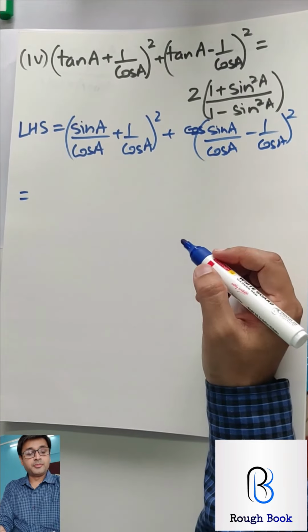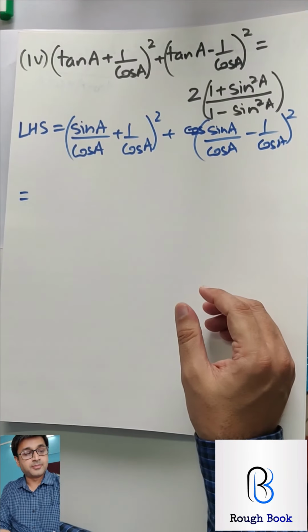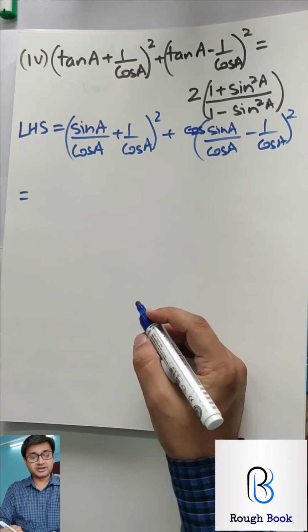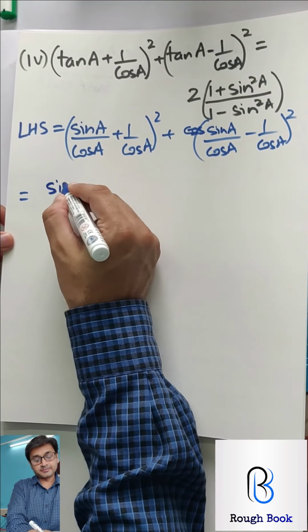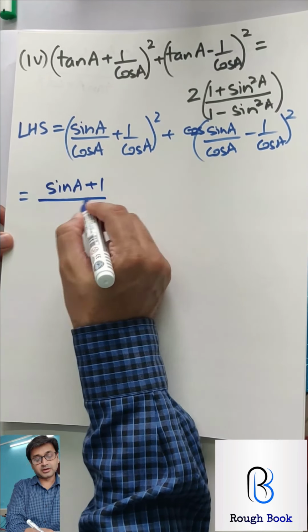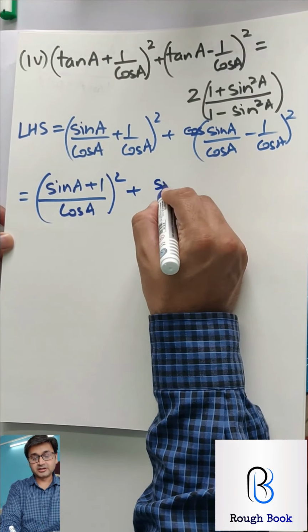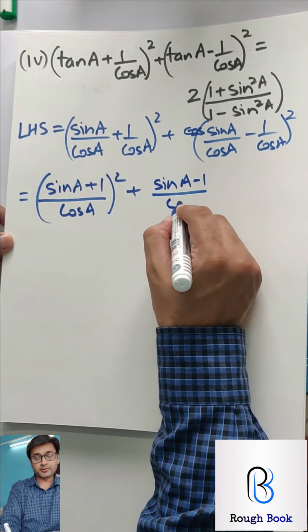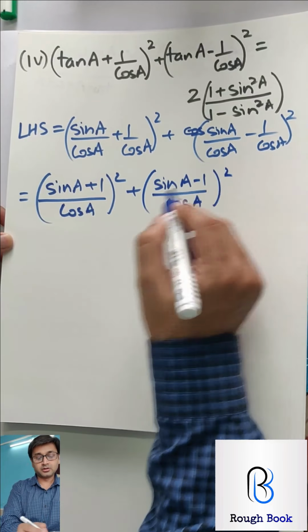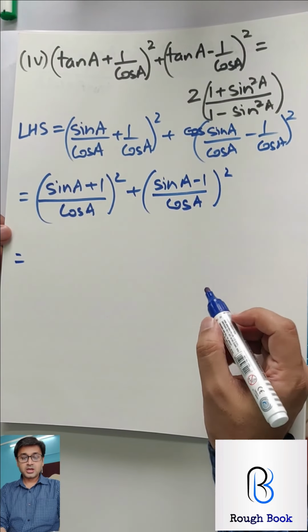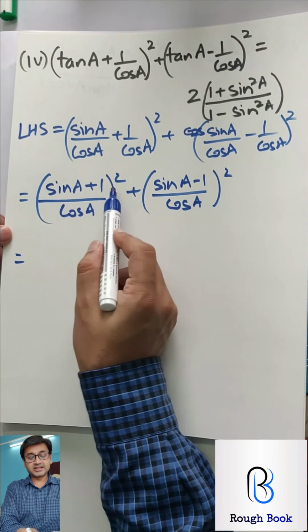So what do you get? Denominators are same, so I will get sin A plus 1 upon cos A, correct? So I'll write over here sin A plus 1 upon cos A the whole square. Likewise here it is going to be sin A minus 1 upon cos A the whole square. What to do now? So you can take this and expand it.